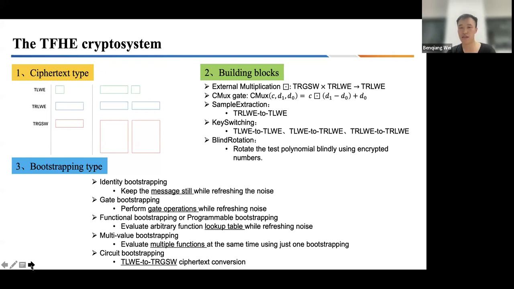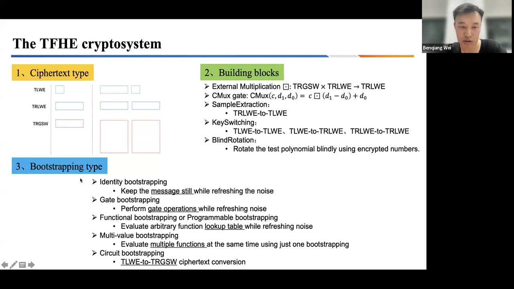And in TFHE schemes, we have another very important operation, that is blind rotation. In a word, blind rotation means we can rotate the test polynomial.